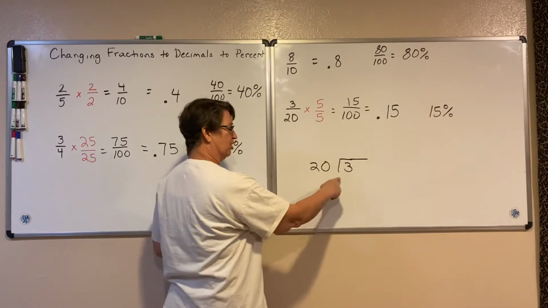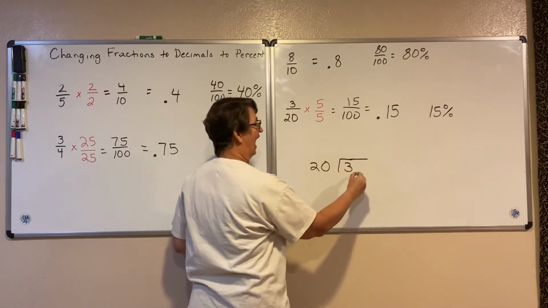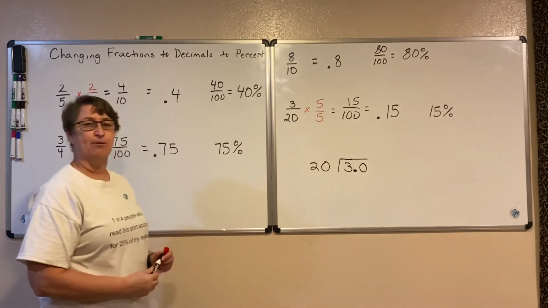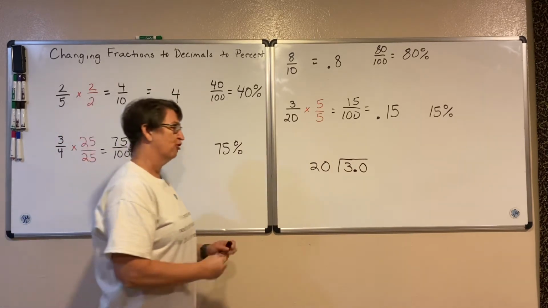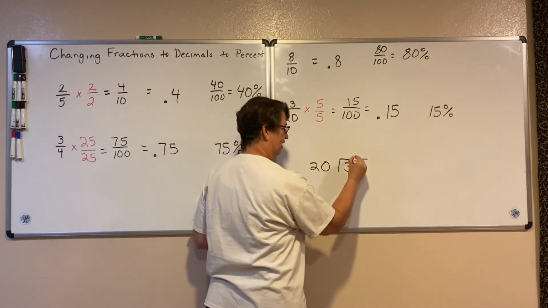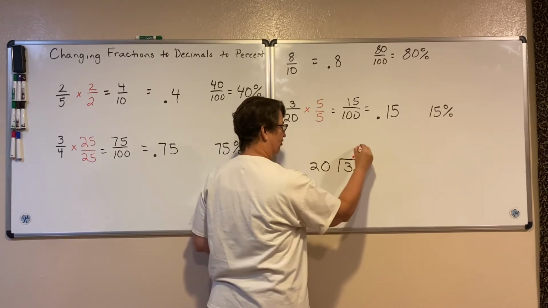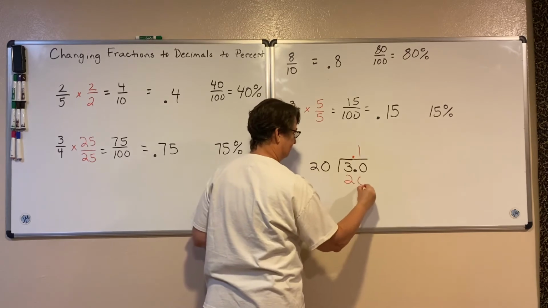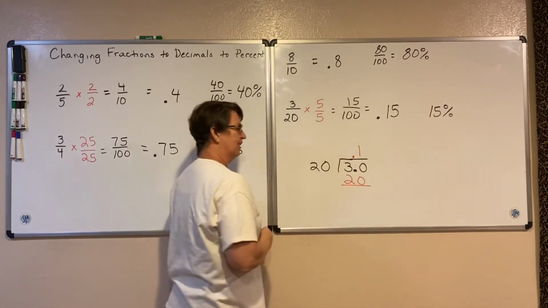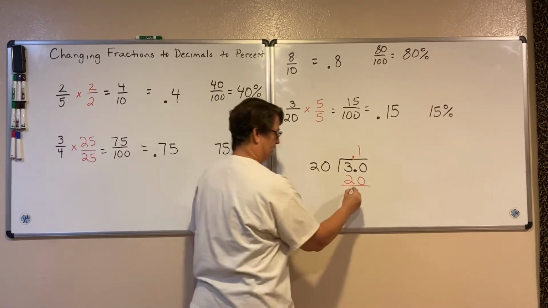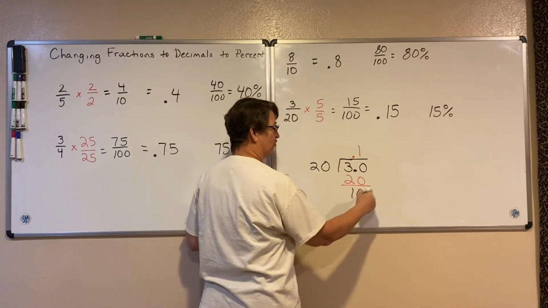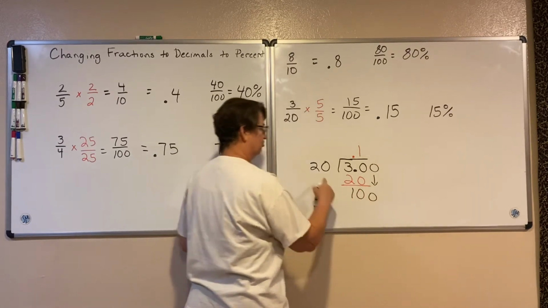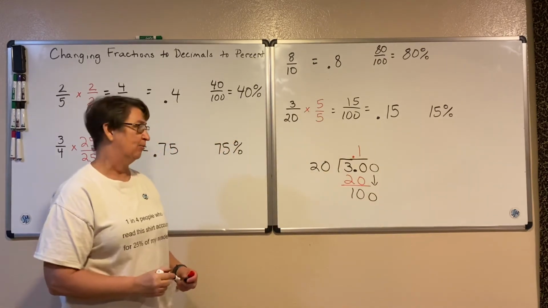Now 20 doesn't go into 3, so I add a decimal and a 0. Then I ask myself, how many times does 20 go into 30? The decimal goes straight above. 20 goes into 30 one time. Multiply, 1 times 20 is 20. So subtract, and you get 10. So I have that remainder, I'm going to keep going, add another 0, drop it down. So now 20 goes into 100 how many times?